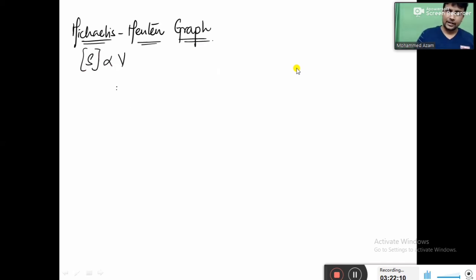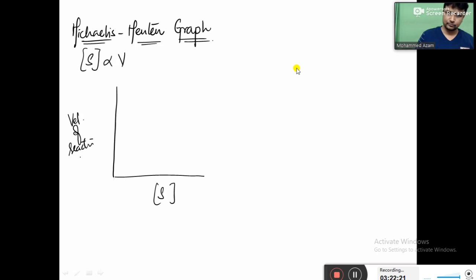So let us take a graph. On the x-axis I am taking substrate concentration. On the y-axis I am taking velocity of reaction. What is the relation between substrate and velocity, guys? Directly proportional. So as you increase substrate, velocity will also increase proportionately.